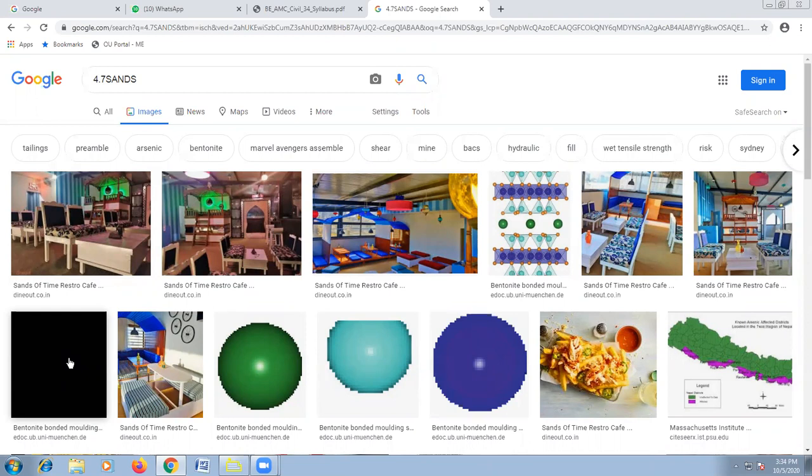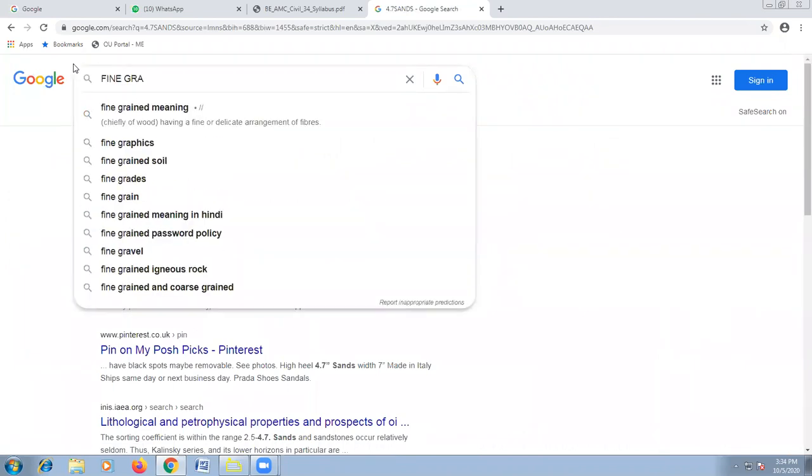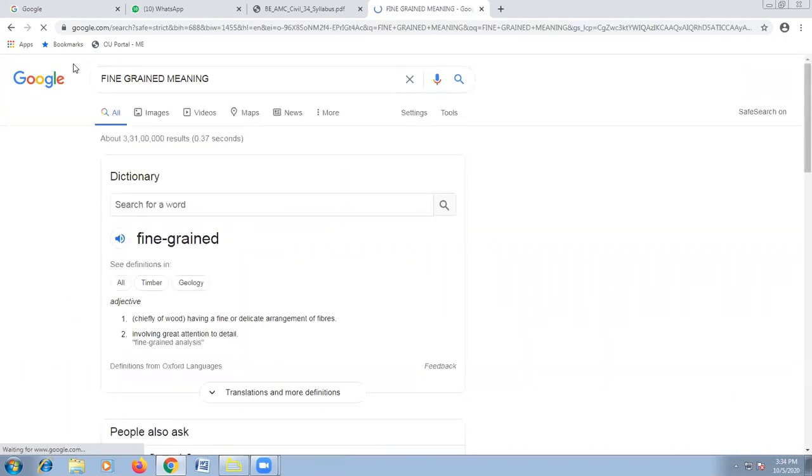And then after coarse grained soil we have fine grained soils. Fine grained soils are again divided into three categories. The first one is silt and clay of low compressibility. These are big topics.